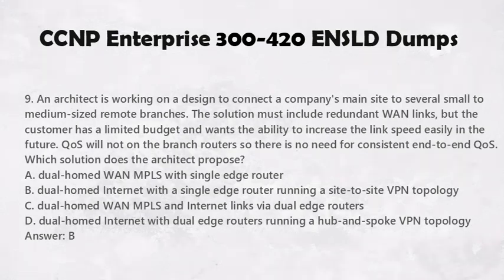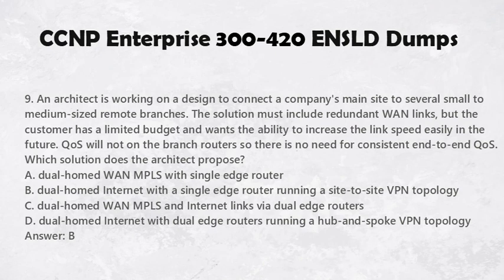9. An architect is working on a design to connect a company's main site to several small to medium-sized remote branches. The solution must include redundant WAN links, but the customer has a limited budget and wants the ability to increase the link speed easily in the future. QoS will not be used on the branch routers, so there is no need for consistent end-to-end QoS. Which solution does the architect propose?